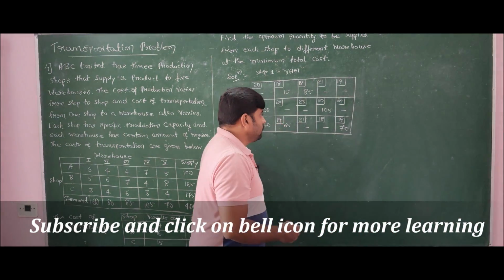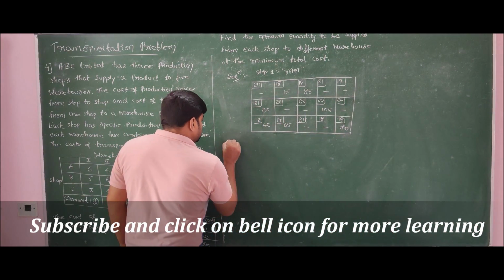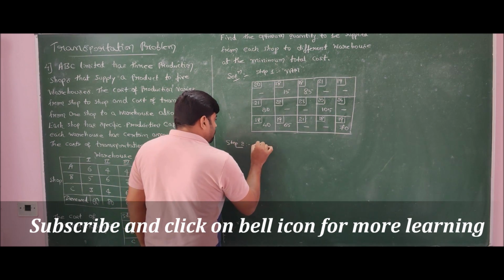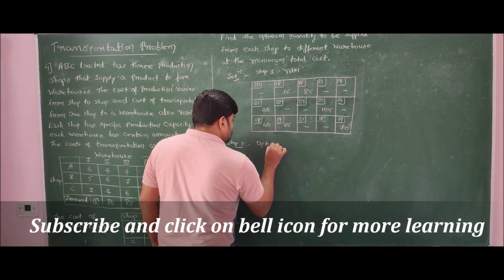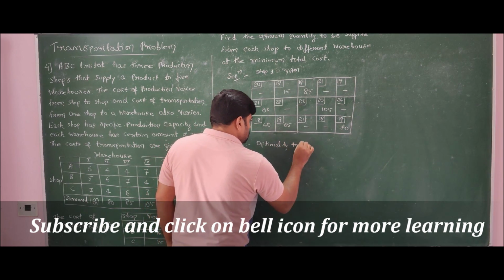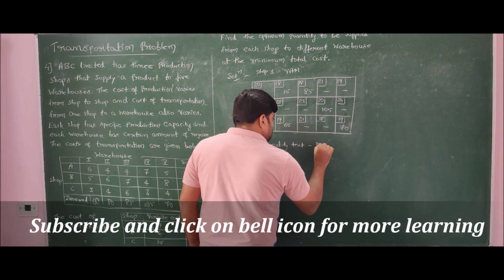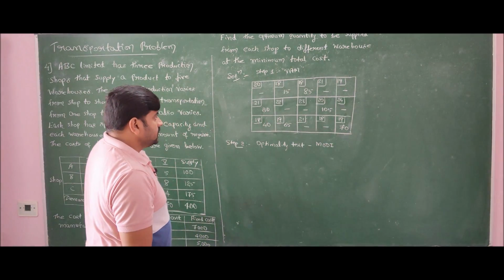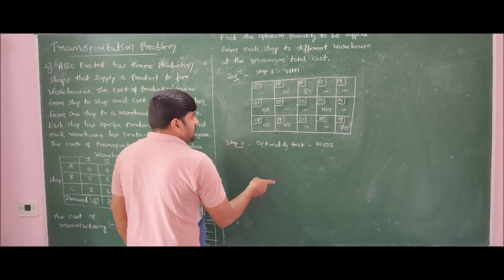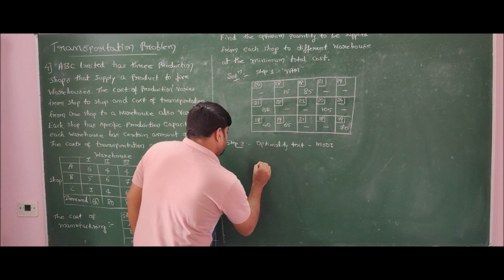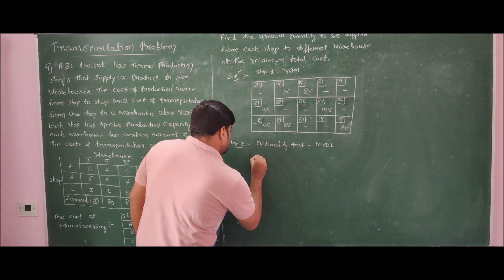Now moving ahead to the optimality test, that is step 2, the optimality test. I'll be using the modified distribution method, that is the UV rule. Now let me rewrite the same matrix again. I want to find the U's and V's, right?